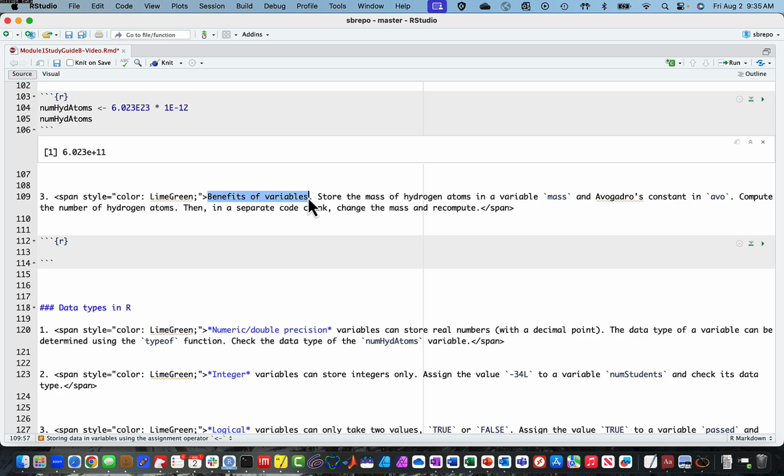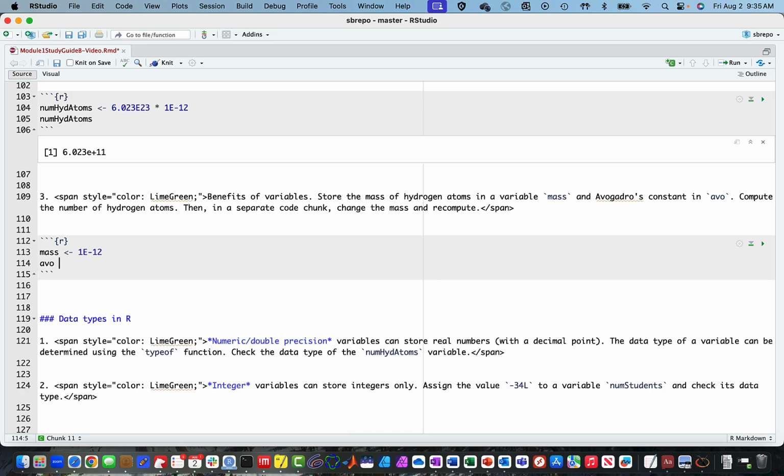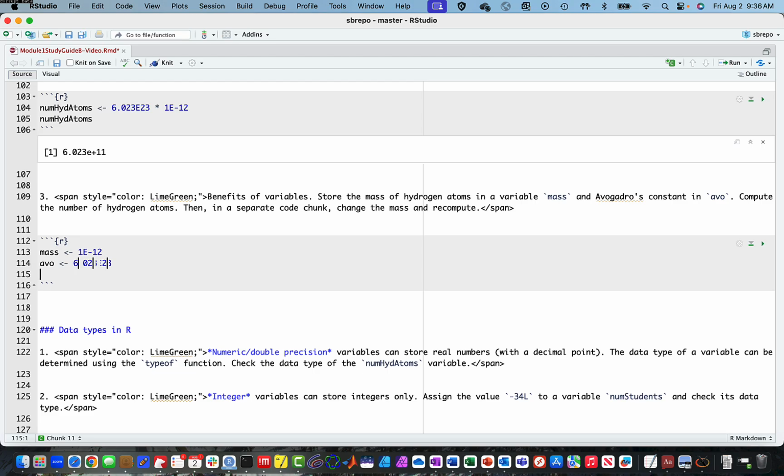To see a simple example, in this computation of the number of hydrogen atoms, we could have stored the mass of the hydrogen gas, in this case a picogram, in a variable called mass, and then we can store the Avogadro's constant in a variable called avo, and then to compute numHydAtoms, we can say the number of hydrogen atoms is mass times the Avogadro constant.